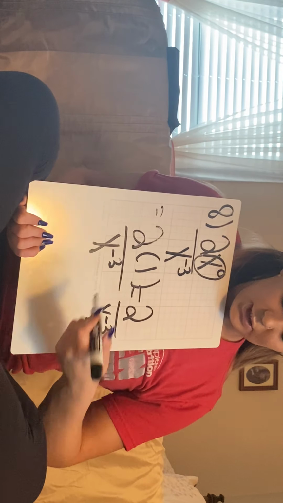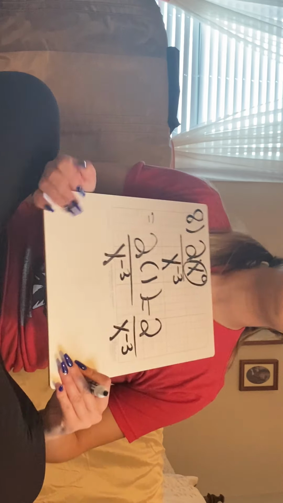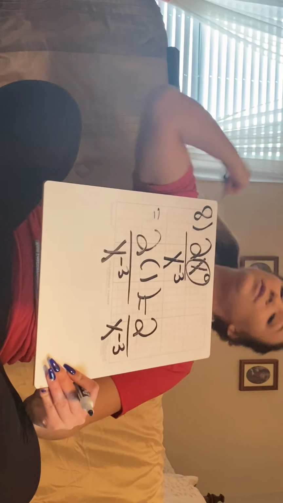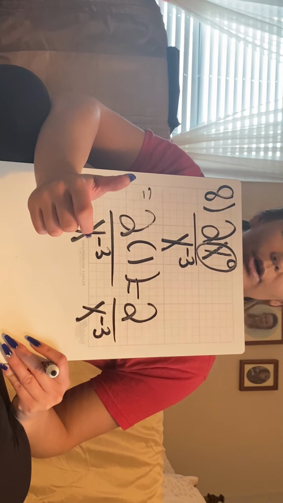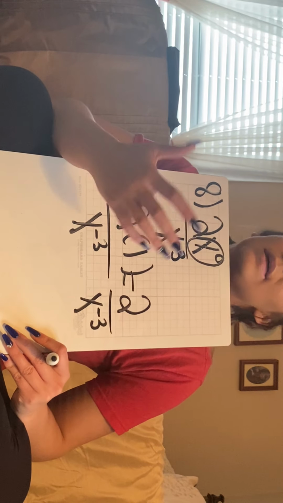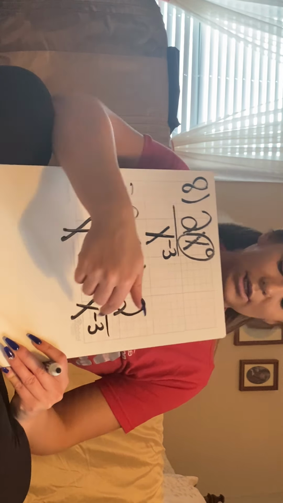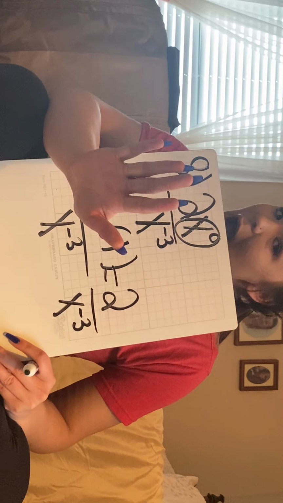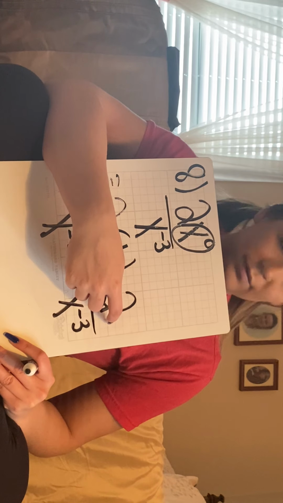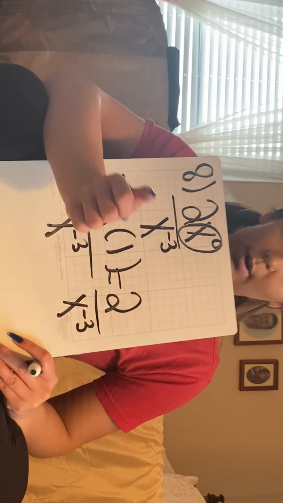All right. So this x to the negative 3, we can't deal with that. We have to turn this negative 3 somehow into a positive 3. And you should have learned that the way that we do that is we literally just flip the orientation of the variable. So let's just say that x to the negative 3 was on the top. We would move it to the bottom, okay?